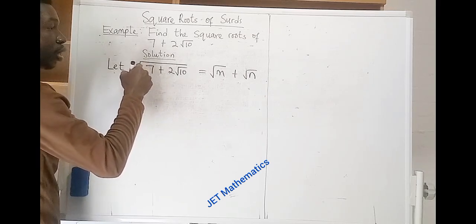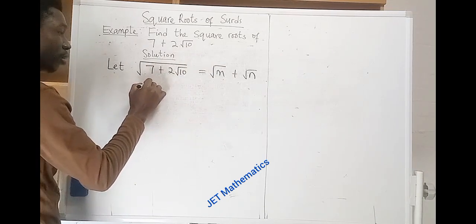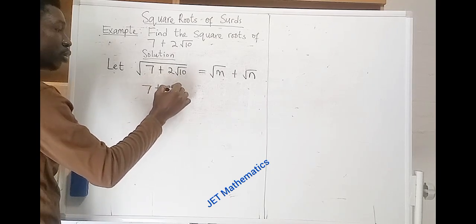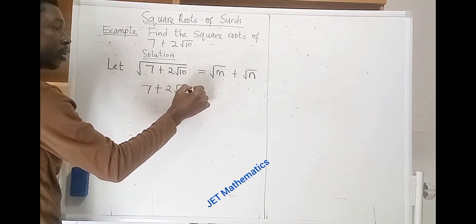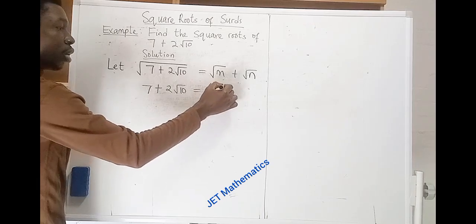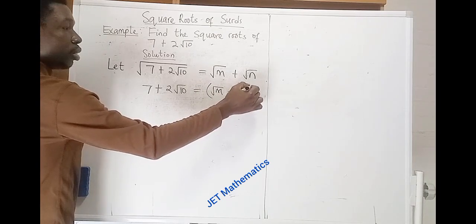To remove the square root here, we square both sides. So when we square both sides, we have 7 plus 2 root 10 is equal to the square of root m plus root n.